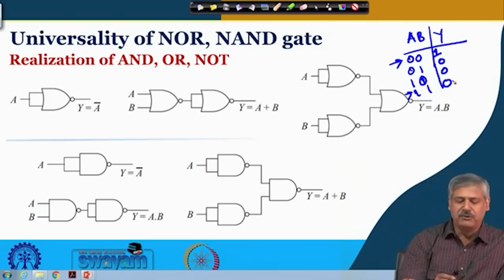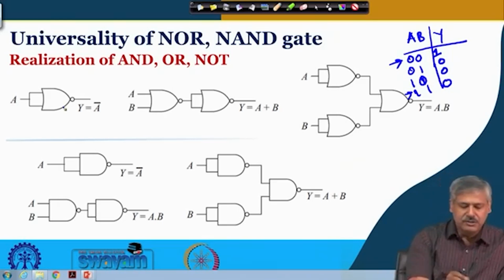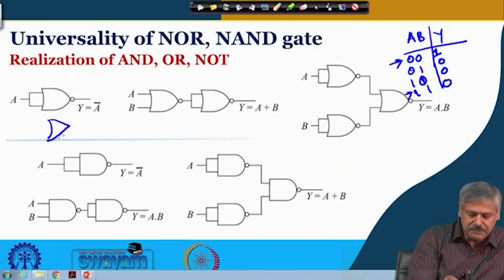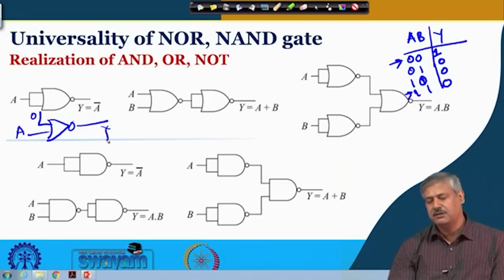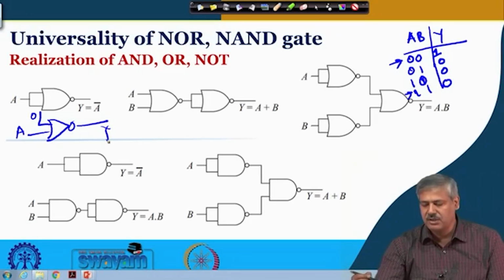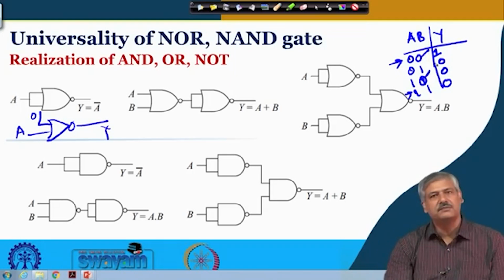The other thing for the NOR gate: we know 0 is the non-forcing input. So if you have a NOR gate where you connect one input to 0 and the other to A, how will the output behave? B is 0, so these are the two cases.